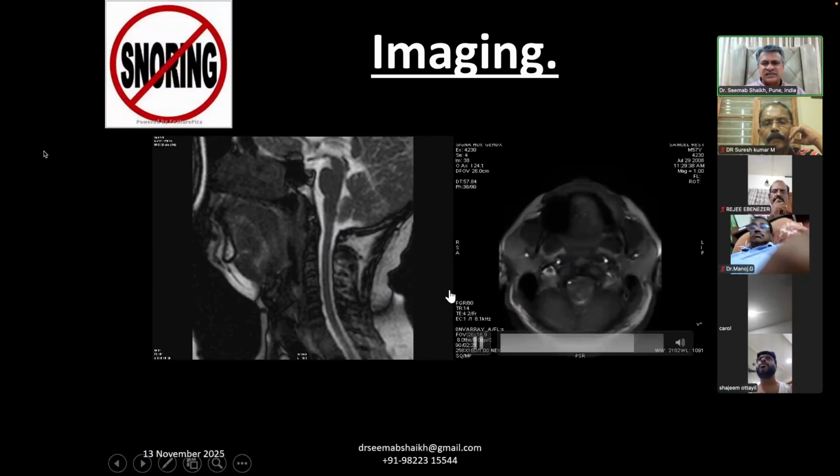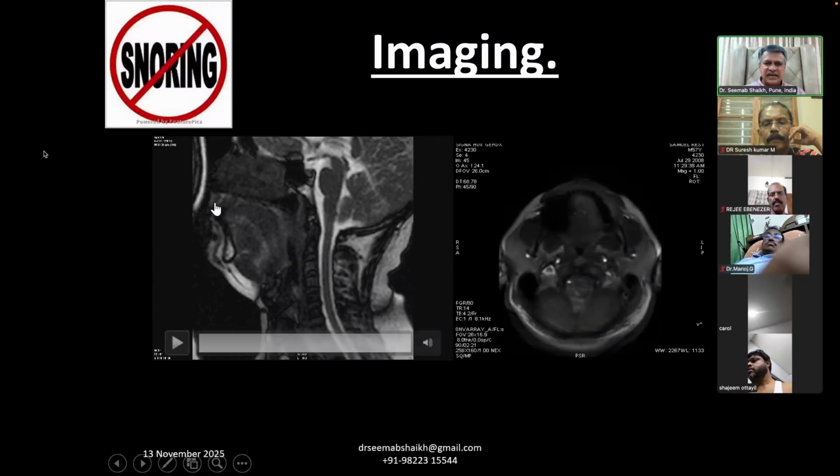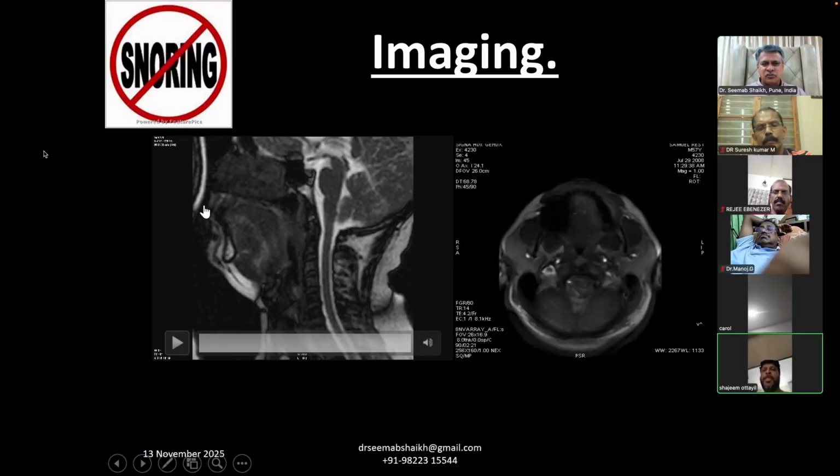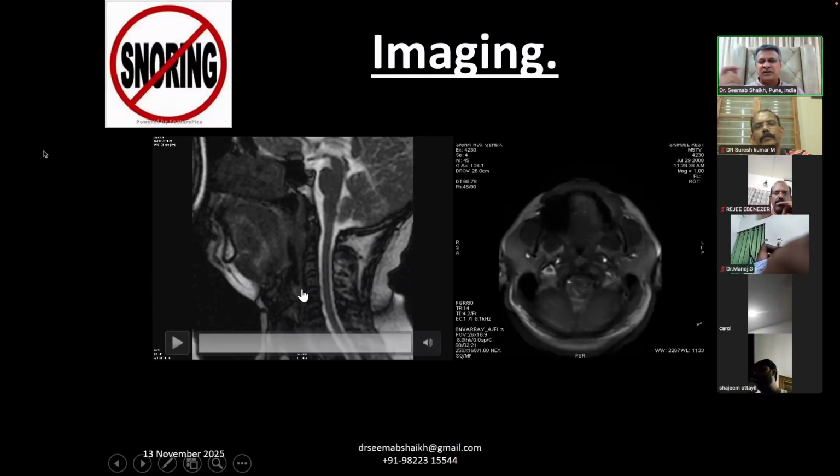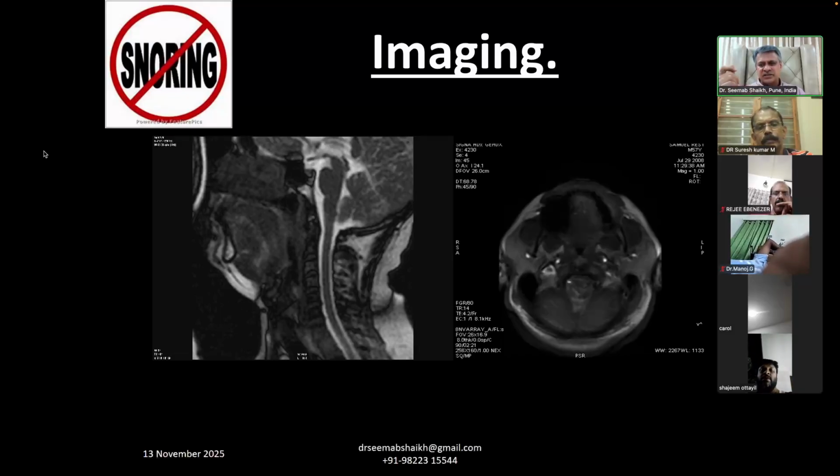Now, what happens is this axial section can be taken at the level of the hard palate, at the level of the soft palate upper end, or at the base of the uvula, at the base of the tongue base, at the epiglottis level. So, multiple axial scans from vertical top to bottom can give you the diameter dimensions of the airway completely from top to bottom.